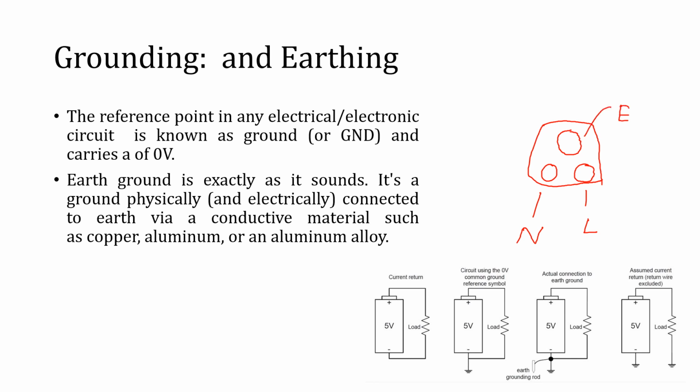Practically, this earth pin should be connected to the actual ground, which I have already told you is connected through a conductor made of copper or aluminium and buried into the earth, around 10 feet depth. That is the actual ground, and we call it earthing.